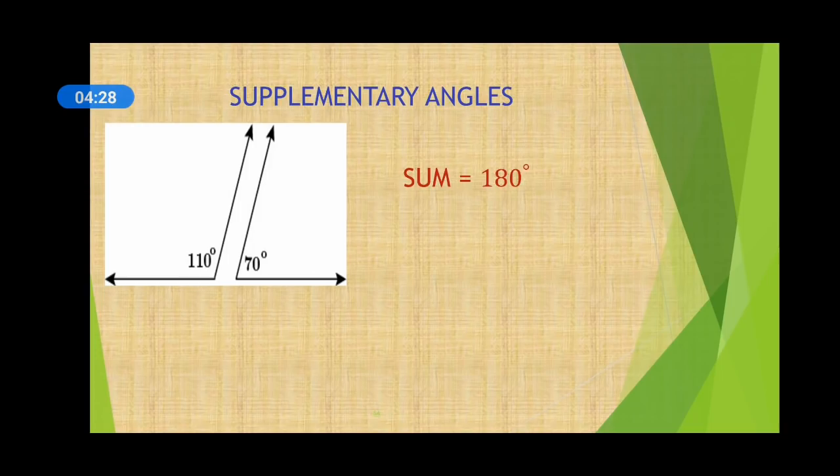Hence they are supplementary angles. Now in the second case, they are again adjacent, and their sum is 180, so they are supplementary angles, plus they are adjacent also. So they will be given a special name. We will discuss it later after some time.